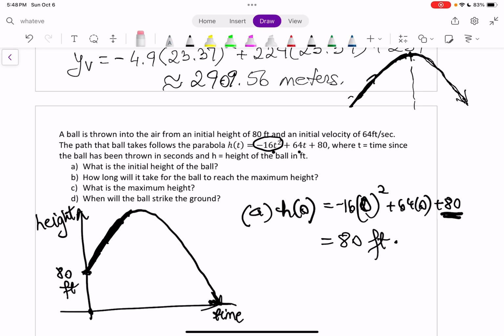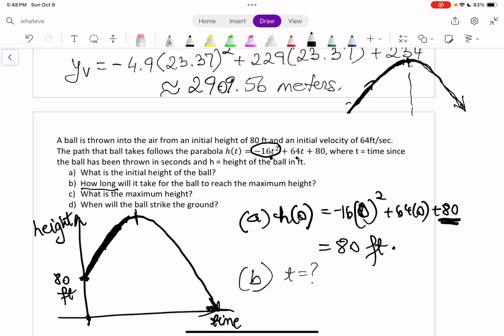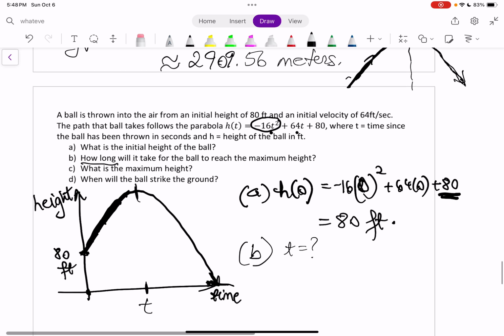The second question of the problem is how long, so that means what is the time it's going to take for the ball to reach the maximum height. So in other words, what I'm looking for is the x coordinate of that vertex, because the maximum height is going to be at the vertex. So our x value is called t in this problem.